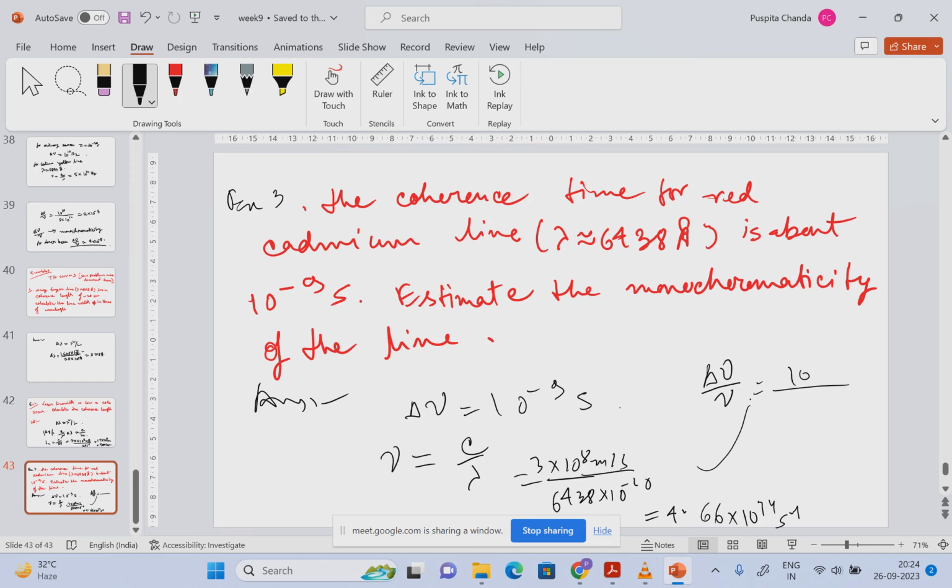So delta mu by mu is 10 to the power minus 9 over 4.66 into 10 to the power 14 second inverse, which is 2 into 10 to the power minus 6. This is the answer.